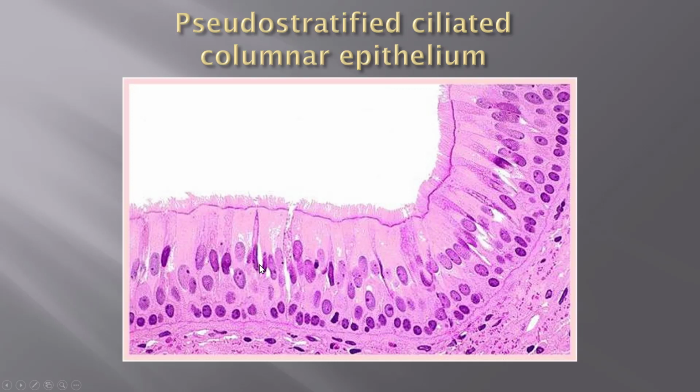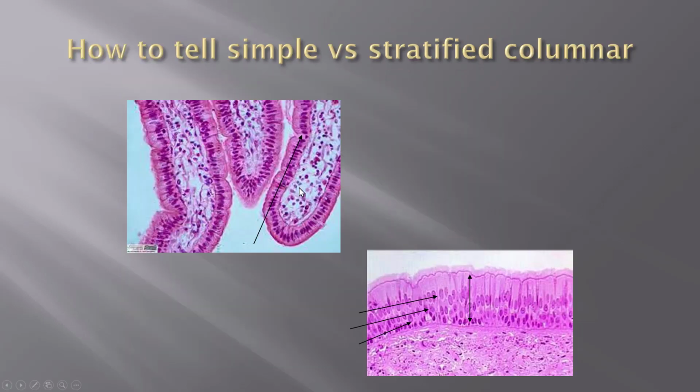Well, in this one, you hit this line, and you hit this line, and you hit this line. So it looks like you have a stratified tissue, but you don't. It's just that the nuclei are at different heights. Okay, and this is very characteristic of that.